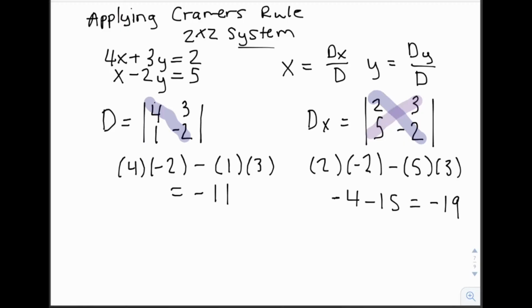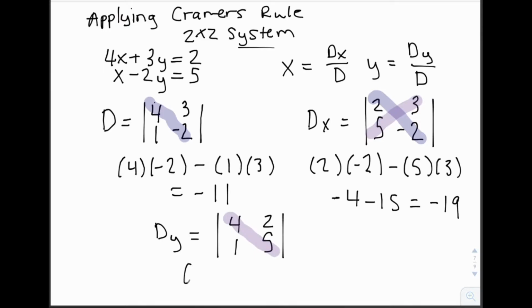Our last one we want to figure out is our determinant of y. So again, we use these vertical bars here. Since we're solving for the determinant of y, let's go ahead and replace our y column with our constants. So again, our constants 2 and 5, and we go ahead and keep our coefficients of x, which is going to be that 4 and the 1. So again, we move in the downward direction first.